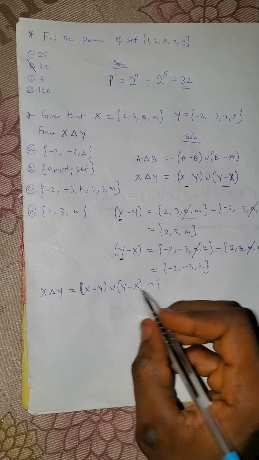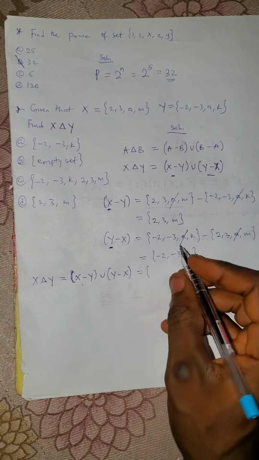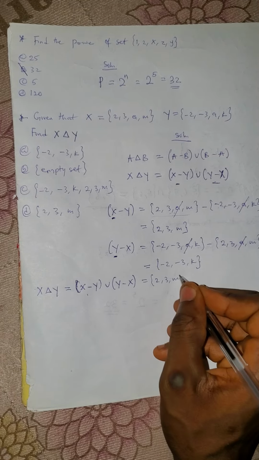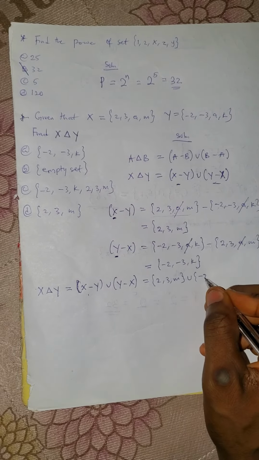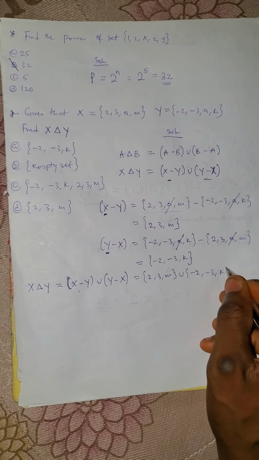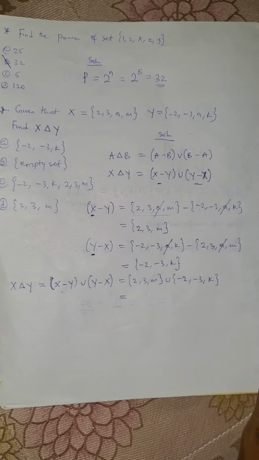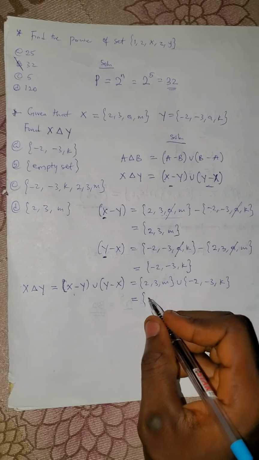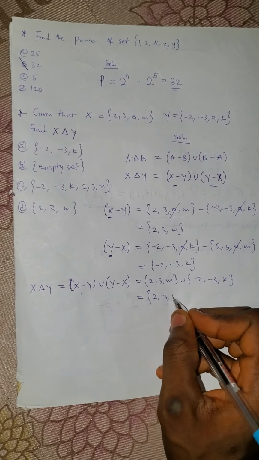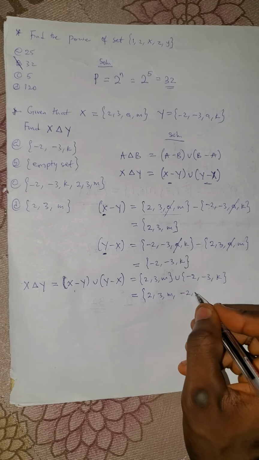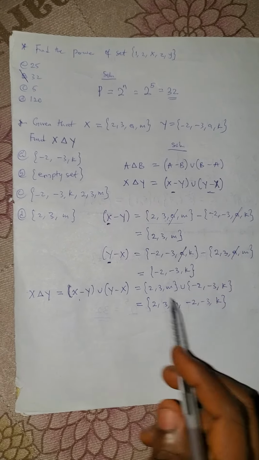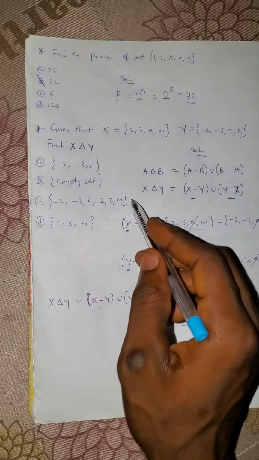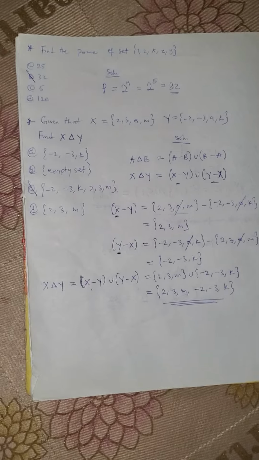So x minus y is {2, 3, m}, union y minus x, which is {-2, -3, k}. Combining the two without repetition, you have {2, 3, m, -2, -3, k}. And if you check very well, the only option that contains these elements is option C. So the correct answer is option C. So let's proceed.